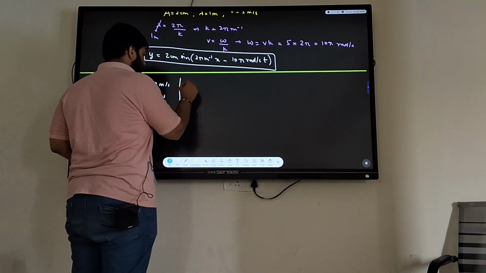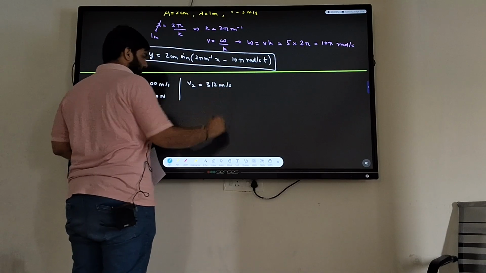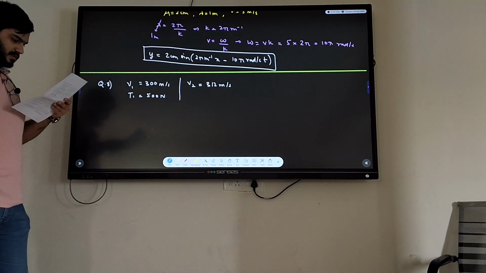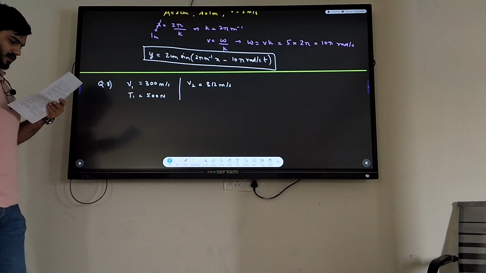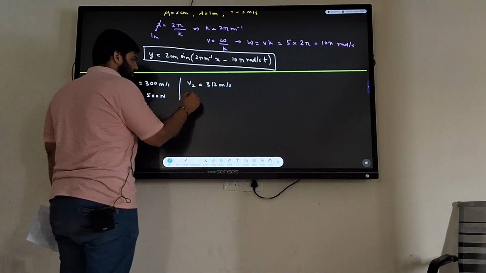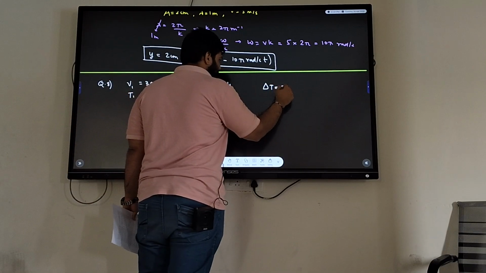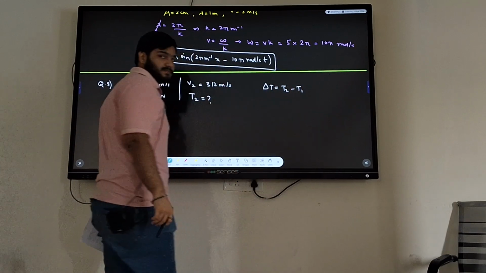So V2 becomes 312 meter per second. So what is the change in tension? So T2 हमें निकालना पड़ेगा. And then we have to find this delta T, which is T2 minus T1.